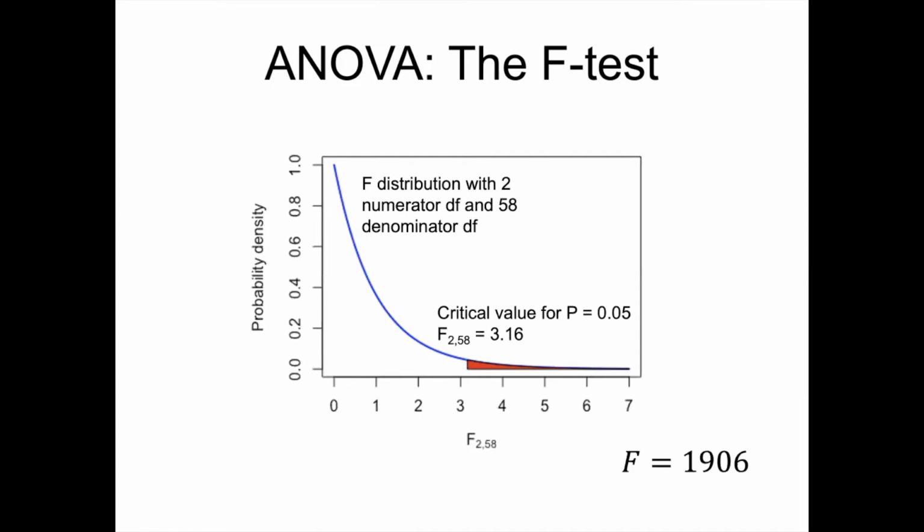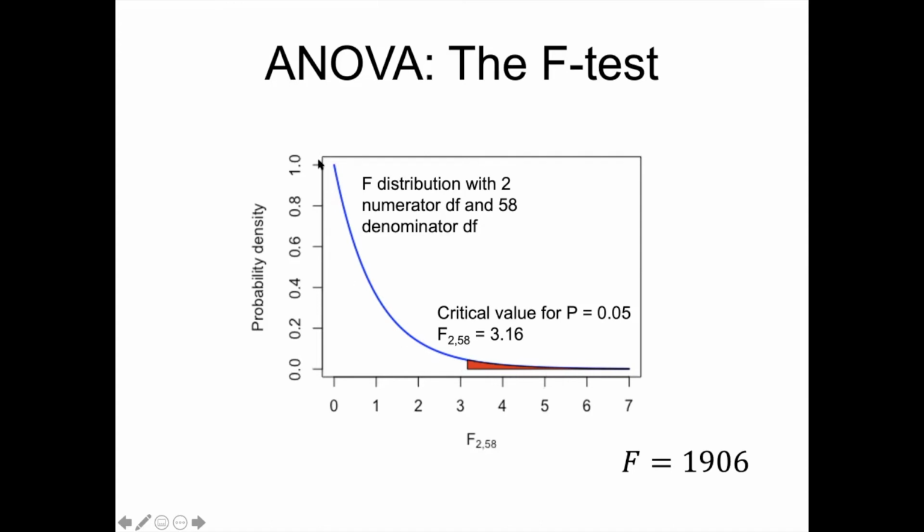Just like with a t-test statistic, we can compare this calculated f statistic of 1906 against an f distribution with 2 numerator degrees of freedom and 58 denominator degrees of freedom. And we would get a line that looks something like this.